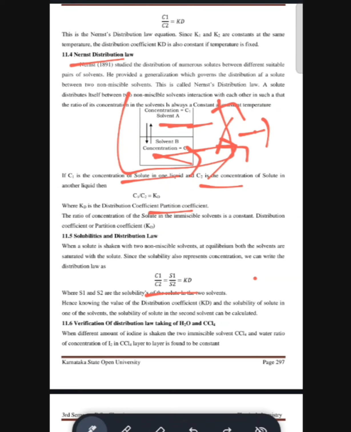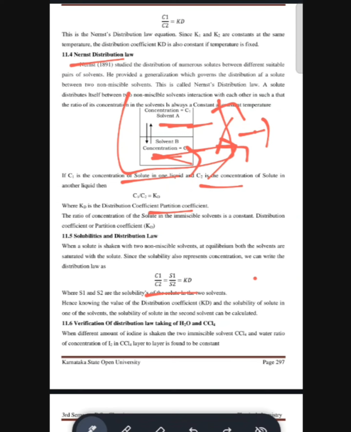That is the distribution coefficient. How much it is distributed between the solvent A layer and the solvent B layer. So we identify that concentration to determine its distribution between the two layers. That is known as the distribution law, where Kd is the distribution coefficient, or partition coefficient.